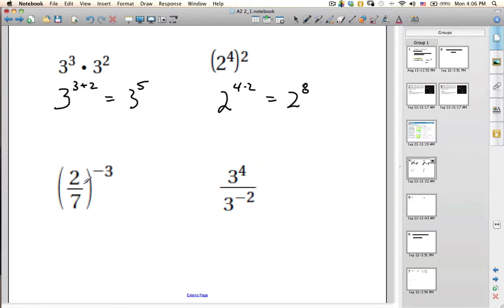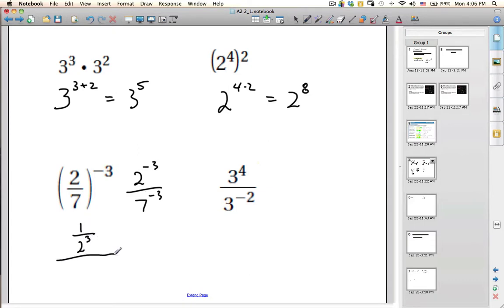Okay, this item is going to be a little complicated because I have the negative 3 power, right? Which means that first I do the quotient property, and then these invert. So I'm going to show you every step that happens here.